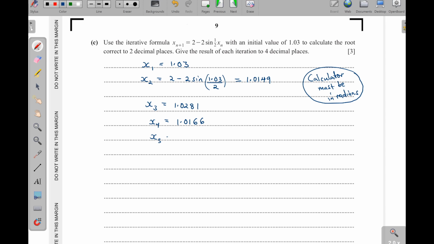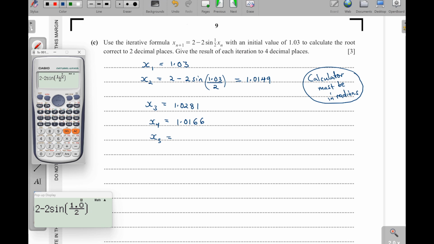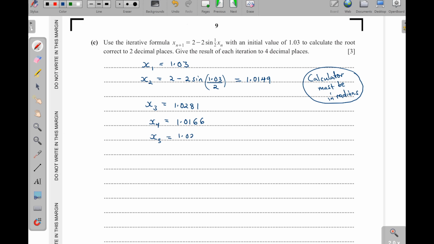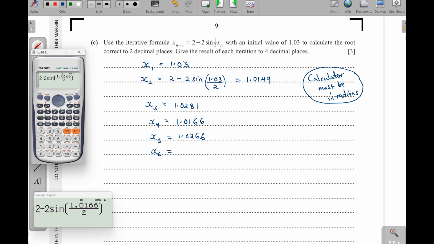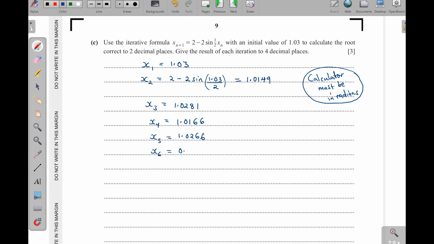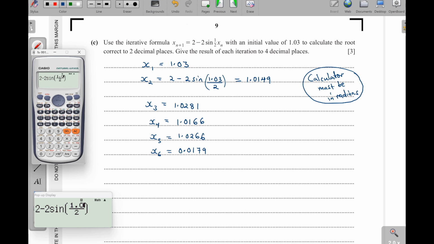Then with 1.0166, that is 1.0266. Then with 1.0266, that is 1.0179. Then with 1.0179, that is 1.0255.